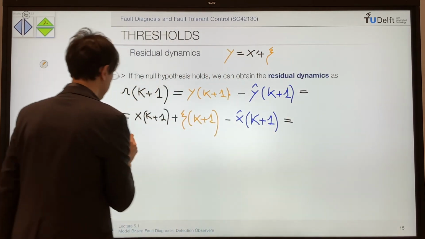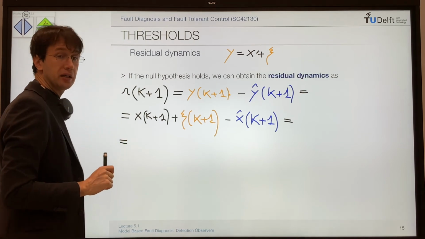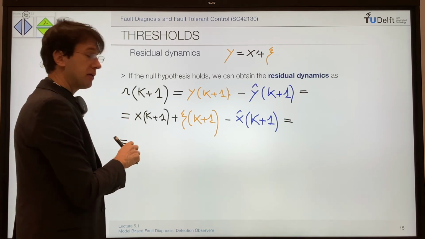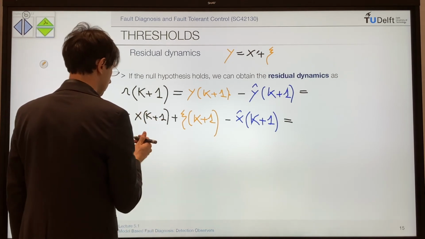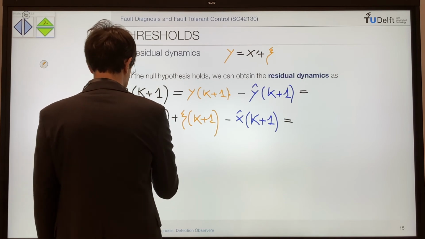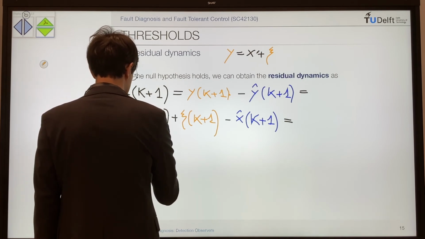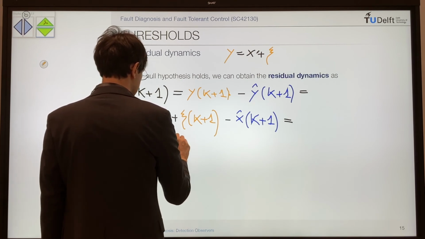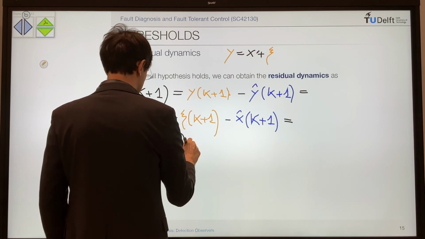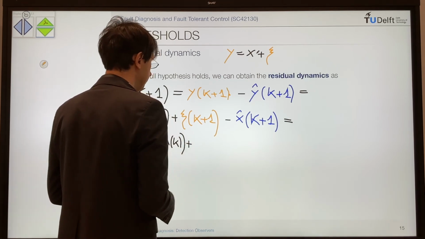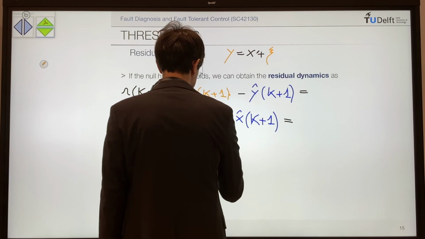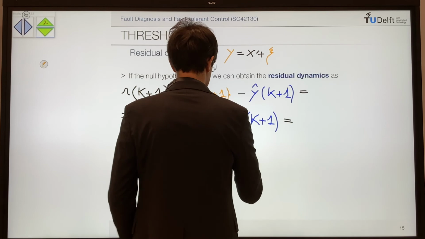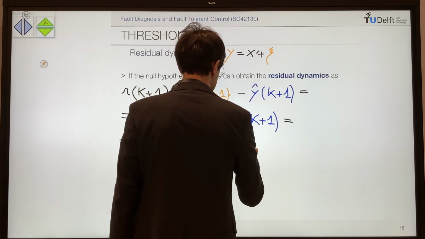But now we can expand further, and we can use the state dynamics and expand it here. So now we have f of x of k and u at k plus the uncertainty eta, let me write just eta of k for short, plus the measurement uncertainty at time k plus 1.